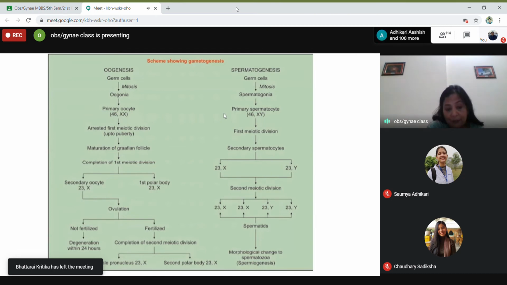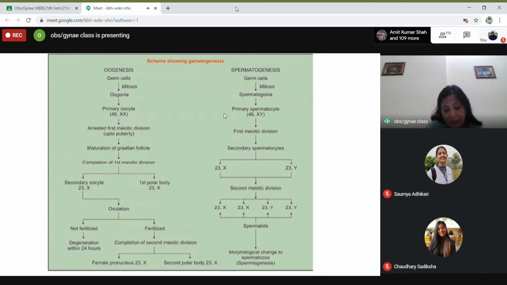After this meiotic division, the oocyte contains 23 chromosomes. After ovulation, if they are not fertilized, if they don't meet the sperms, then they will degenerate.